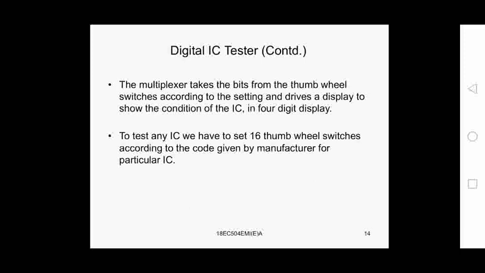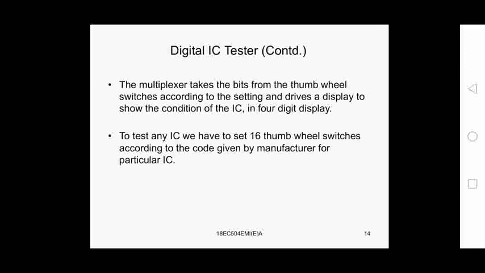So to test any IC, we have to set these 16 thumb wheel switches according to the code given by the manufacturer for that particular IC. The manufacturer test code is given to the thumb wheel switches, which will drive the multiplexer.